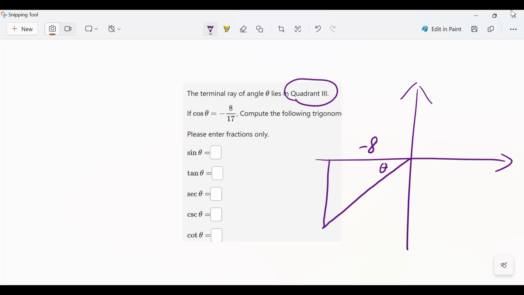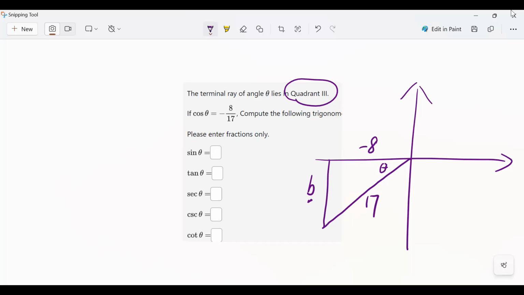That matches because in the third quadrant the x value is negative, and 17. The y value here should be negative as well. So this b here must also be negative.